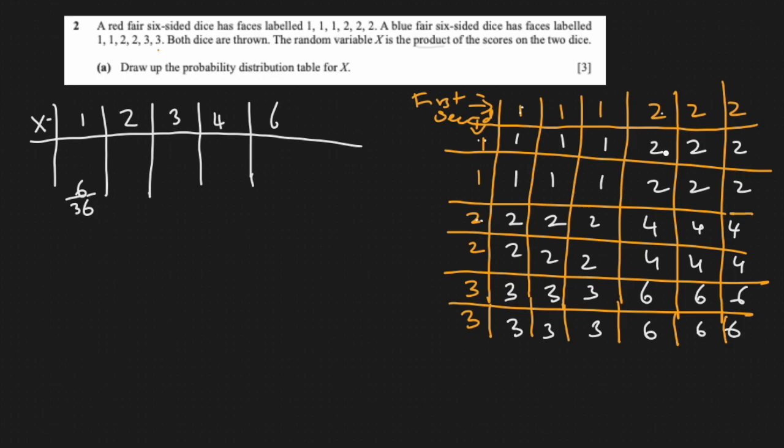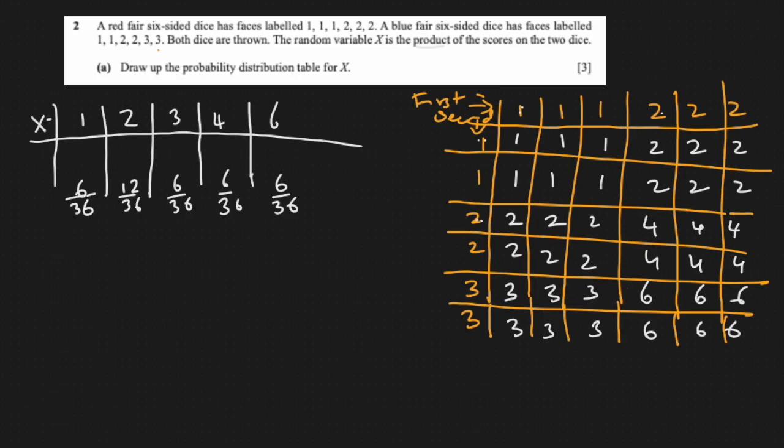How many are 2? 1, 2, 3, 4, 5, 6, 7, 8, 9, 10, 11, 12. 3 is 6, 4 is also 6, and then we have 6 out of 36.